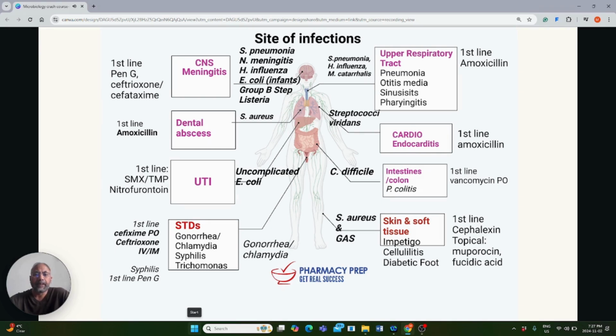Okay. For the intestinal infections, the most common and first choice is mostly vancomycin. And for the skin and soft tissue infections, we either have a topical application of mupirocin or fusidic acid, or oral drugs which can again be cephalosporins.